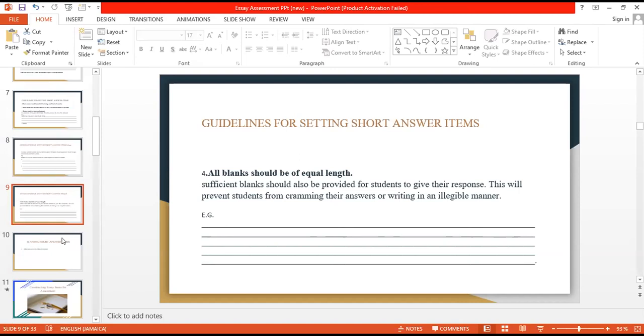And so a short answer, however, in something like science or mathematics would look a little bit different. It might not necessarily be a fully worded response, right? It could be something that is more numerical, where the student has to work out an application, right? That would be a form of short answer response, yes?